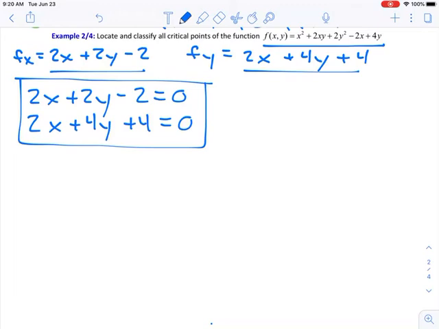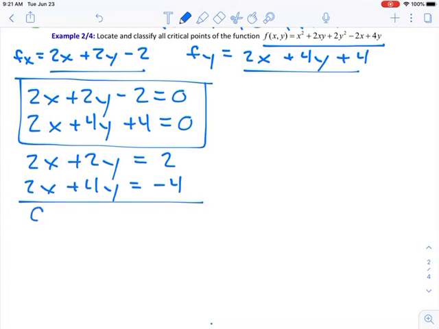Now you could do this algebraically. You could make a matrix out of it and solve your matrix using linear algebra, but I think this would be easy enough to do just using an algebraic technique. So first of all, let's set this equal to 2, and 2x plus 4y equals negative 4. And so if we were to subtract the second equation from the first equation, 2x minus 2x is 0, 2y minus 4y is minus 2y, 2 minus a negative 4 would be equals 6.